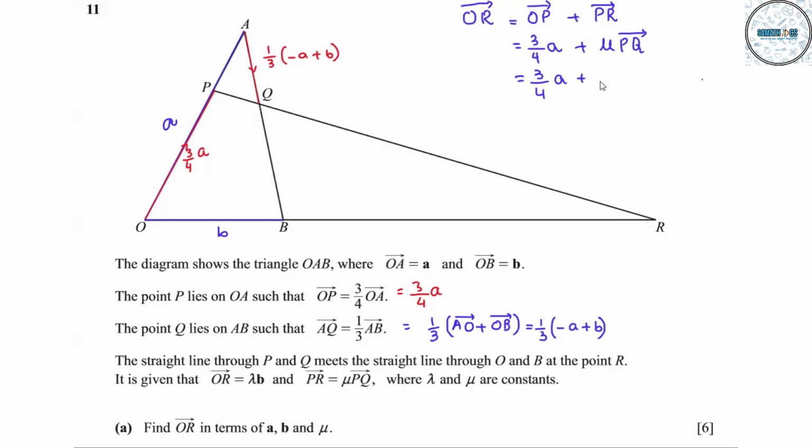So we can write mu times PA plus AQ. If OP is 3/4 of a, then PA is 1/4 of a.